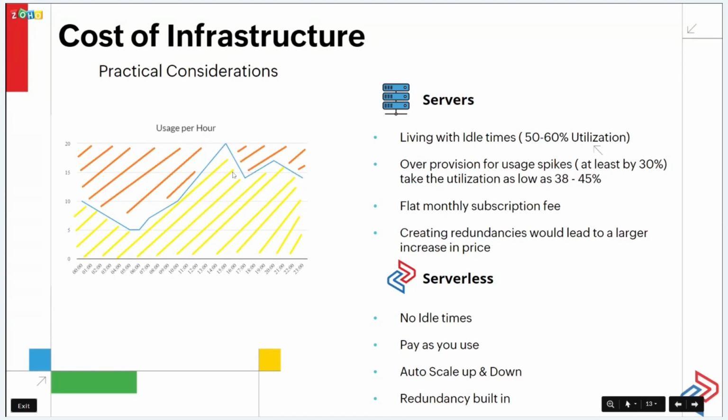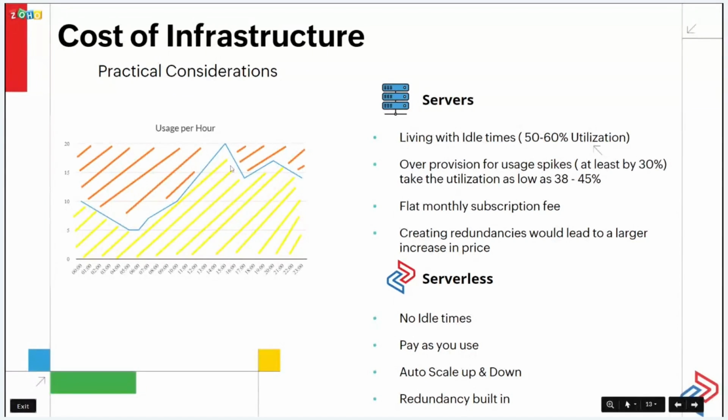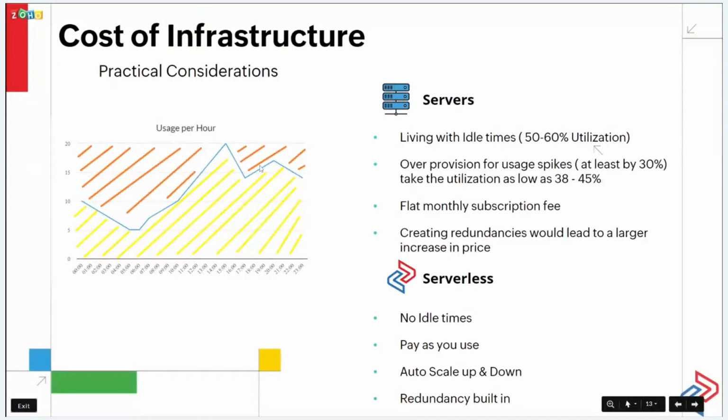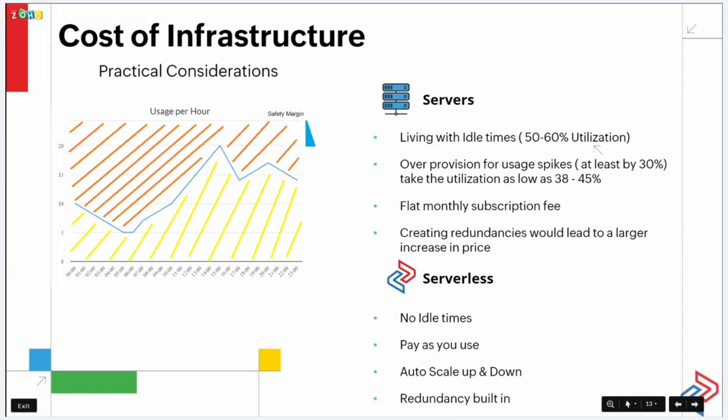However, any architect or developer worth their salt would always keep a buffer in place and provision for a larger amount with a safety margin. Because if anything were to breach this line over here in terms of usage, had this not been provisioned, the people lying over here would get loss of service.